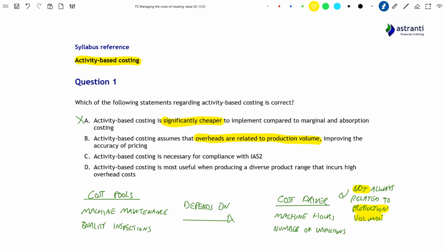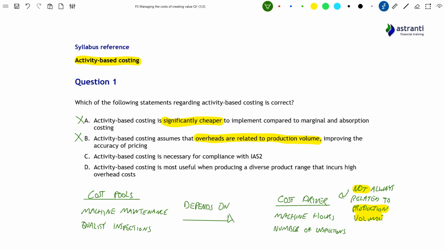However, the key idea behind activity-based costing is that different cost pools have different cost drivers. Because we don't assume that the level of our overhead costs are related to production volume, this can help us be more accurate with our pricing. We get a better idea of the costs we incur for producing each unit of our product, and therefore option B is not correct.